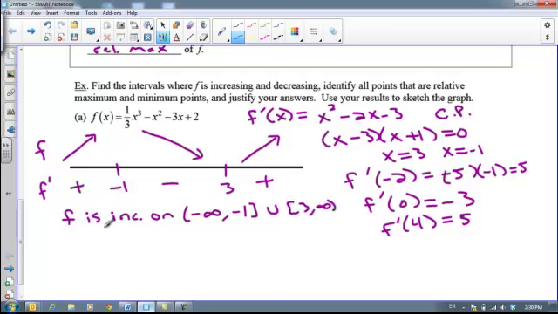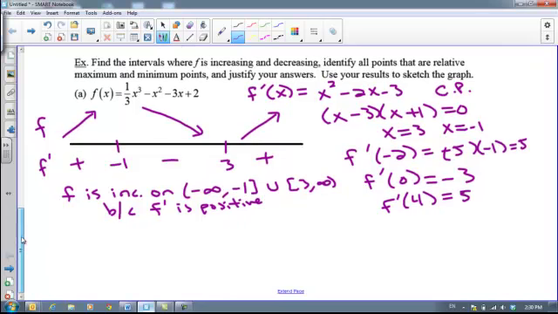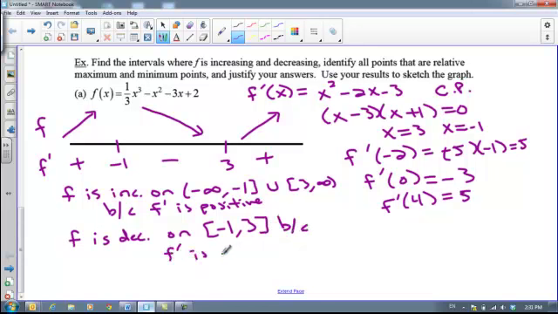And my reason is because f prime is positive on that interval. Then I'm going to say that f is decreasing on the interval from -1 to 3 because f prime is negative.